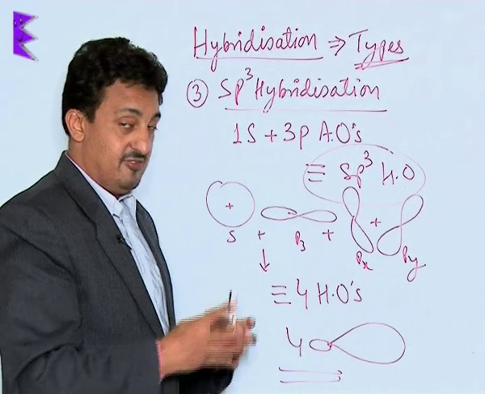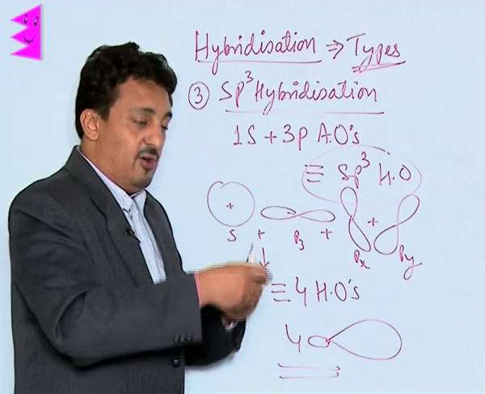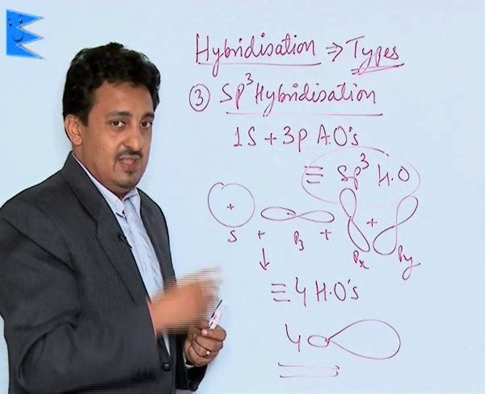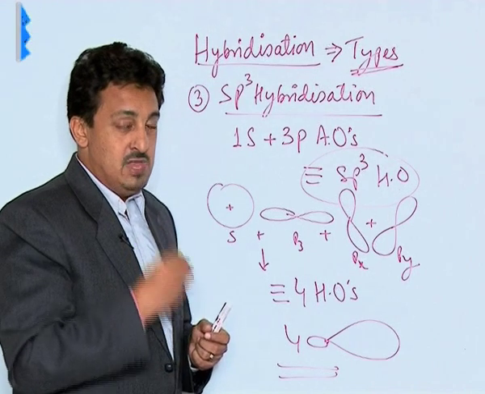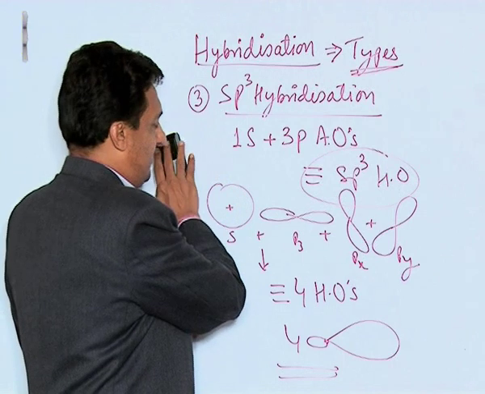How will they be arranged? Definitely, as per the valence shell electron pair repulsion theory, all these 4 will be arranged in a tetrahedral manner so that the bonded pairs are having minimum repulsion between them. Now what will be the exact structure?